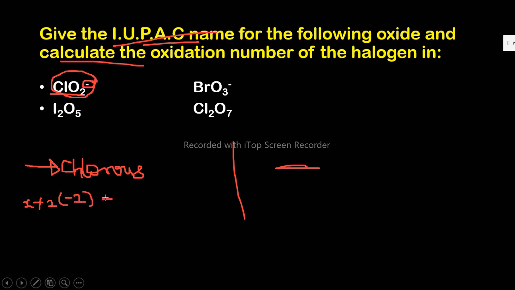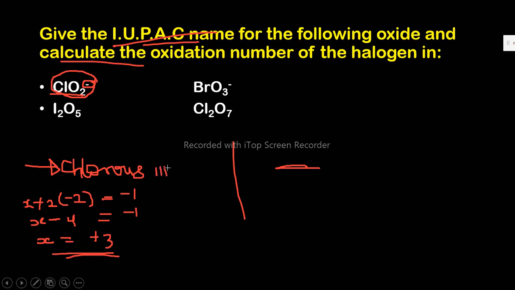The whole of it should be equal to minus 1. So this is X minus 4, the whole of this equal to minus 1. So our X is plus 3.